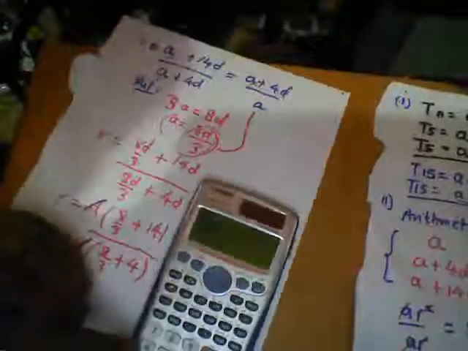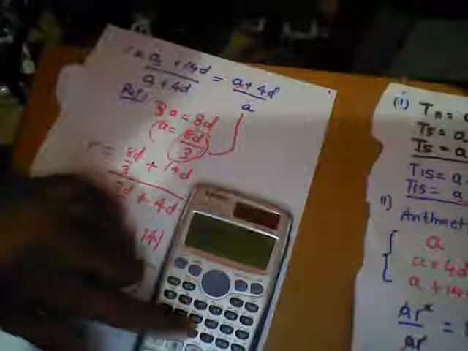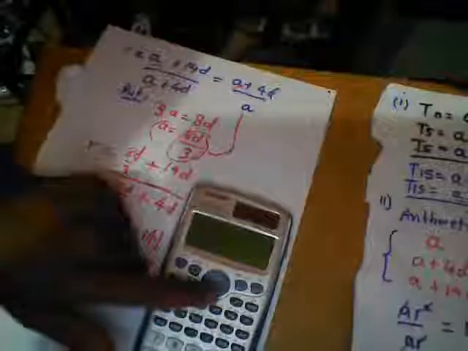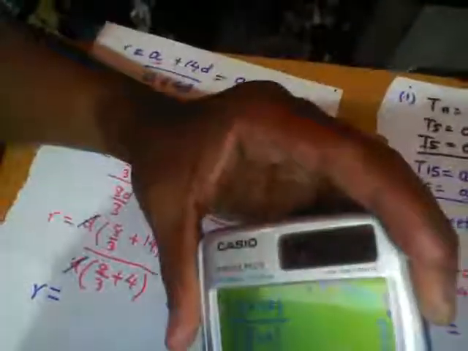Then the denominator is 8/3 plus 4, which equals 5/2. So even the second one should give you the same thing.